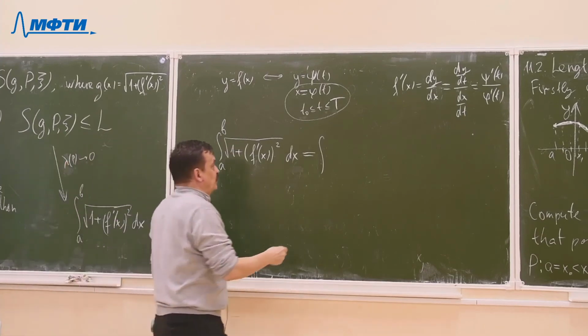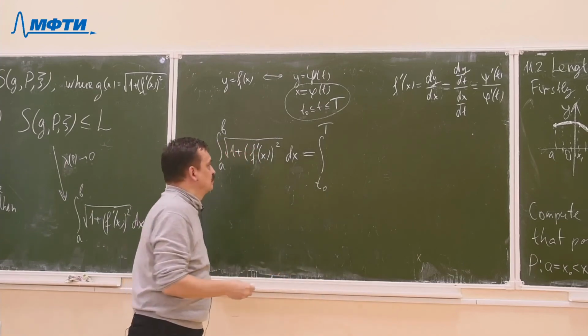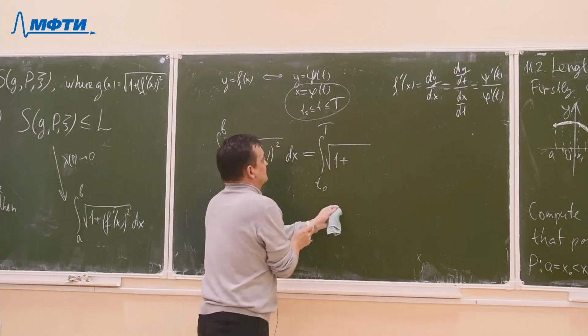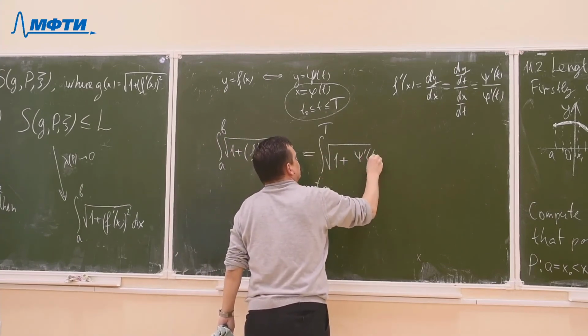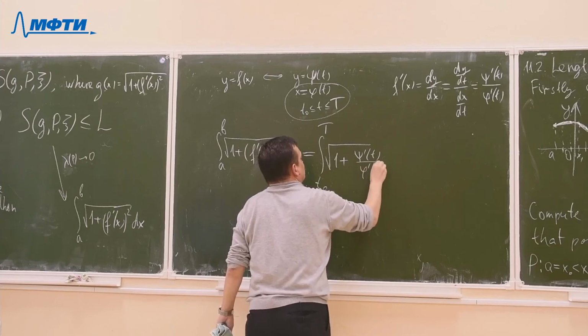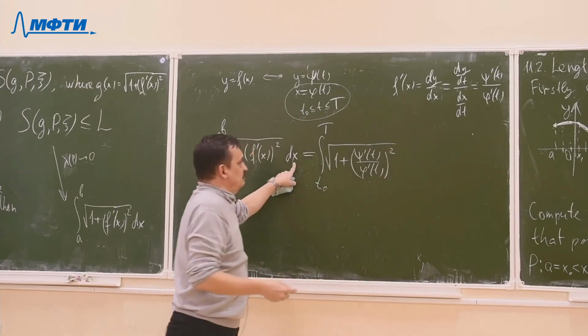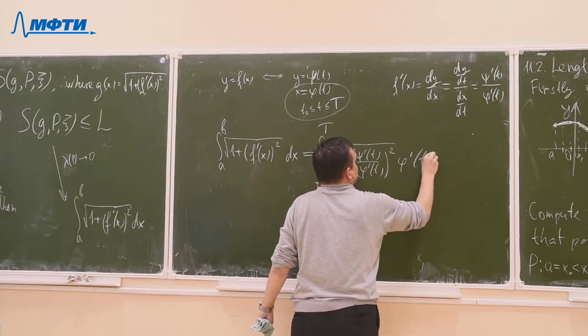What we obtain, from t naught to capital T, is the square root of 1 plus psi prime of t over phi prime of t, squared. Then instead of dx I should write phi prime of t dt.